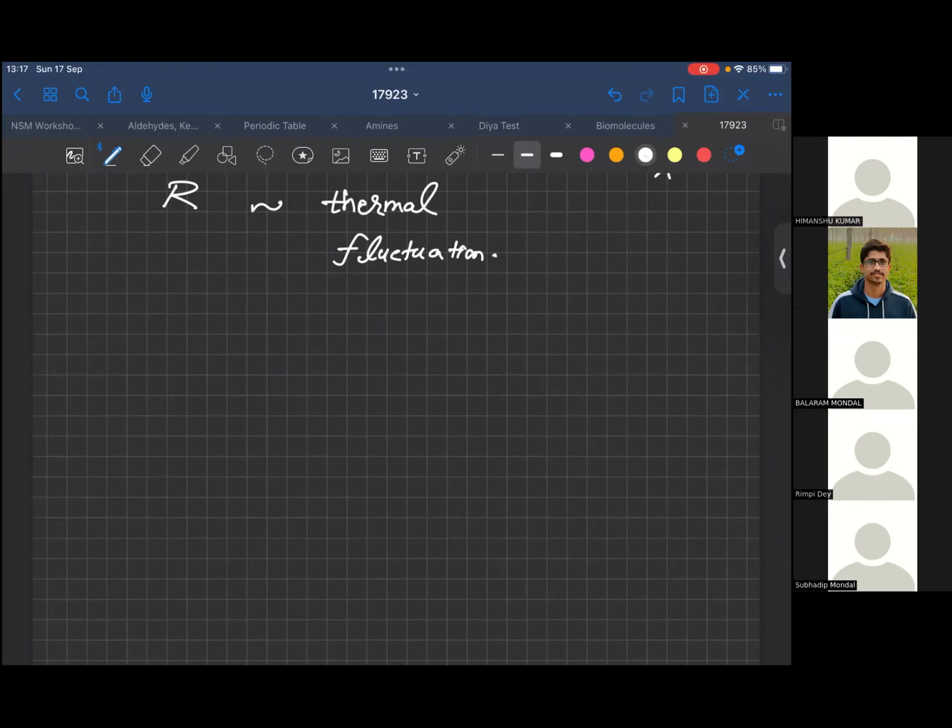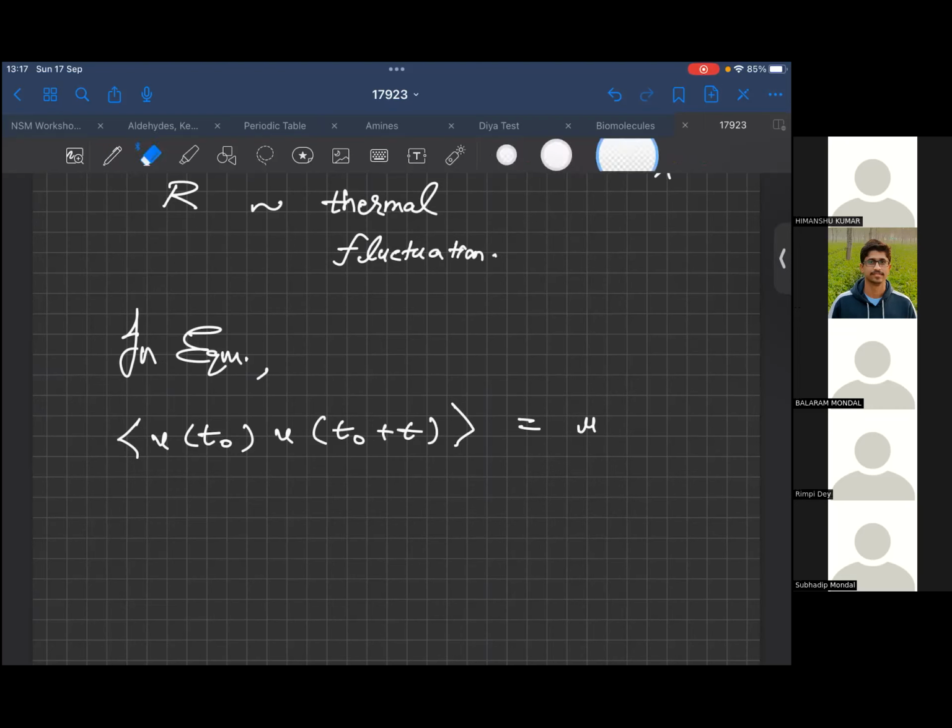So in equilibrium, this velocity autocorrelation can be given as u squared e to the power minus kappa t.